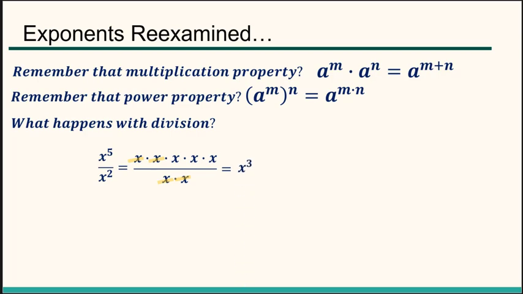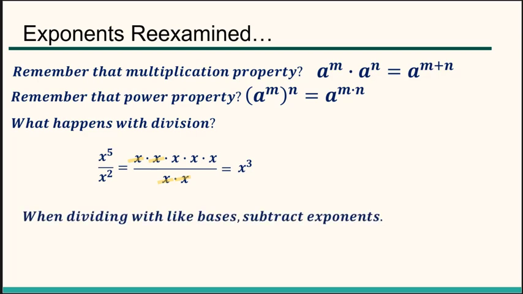I don't want to write all of that out every single time I do this, so let's come up with a general rule of what's going on. When we are dividing with like bases, we need to subtract exponents, because x to the fifth over x squared is the same as having 5 x's on top and 2 x's on bottom, them canceling out, meaning 5 minus 2, and getting x to the third. Okay, when dividing with like bases, subtract exponents.